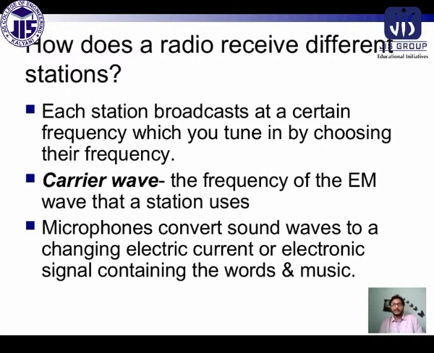Each station broadcasts a certain frequency which you tune in by choosing your frequency. The carrier wave is the frequency of the electromagnetic wave that a station uses. There are microphones which convert the sound waves to a changing electric current or electric signal containing the words and music.